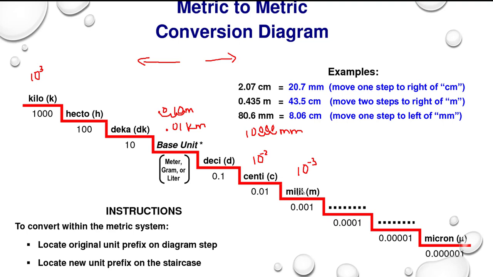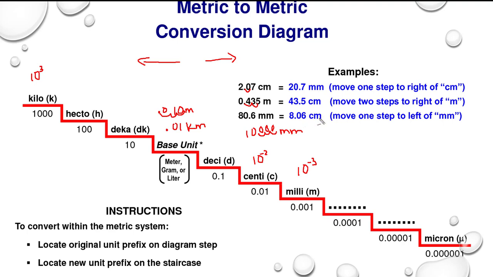We're just moving that decimal point 1 spot to the right. So that would be 20.7. We're going meters to centimeters. So here's our base unit to centi. That's 2 steps down, or moving that decimal point 2 steps to the right. 1, 2. So it's 43.5.